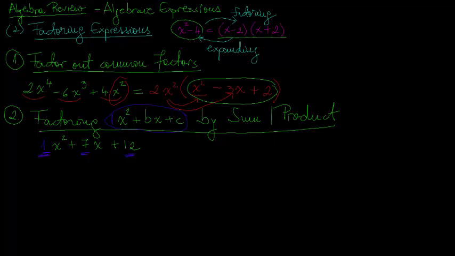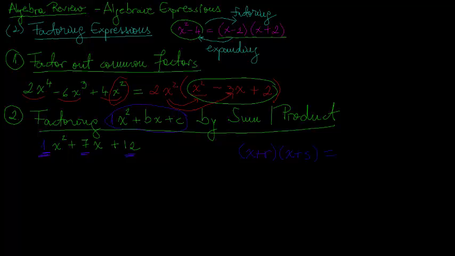What does this technique rely on? Well, I'm looking to factor my expression into a parenthesis of the form x plus r and a parenthesis of the form x plus s.